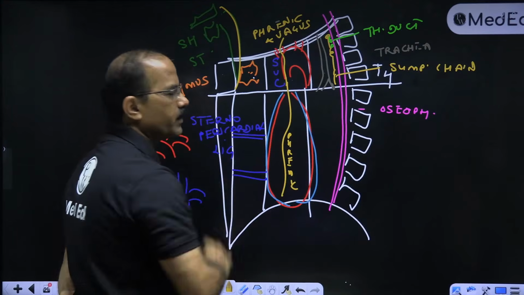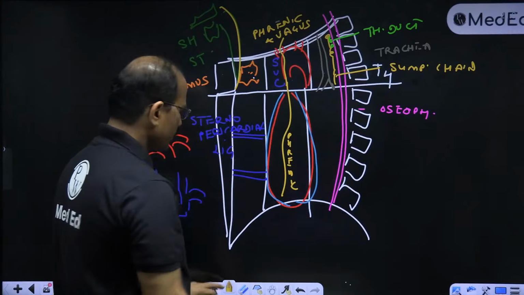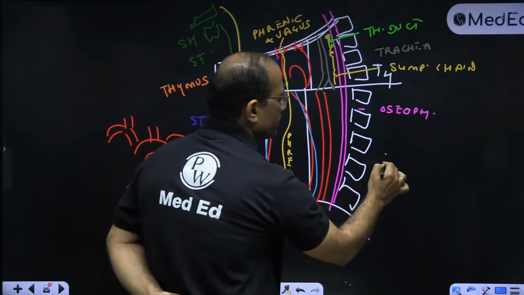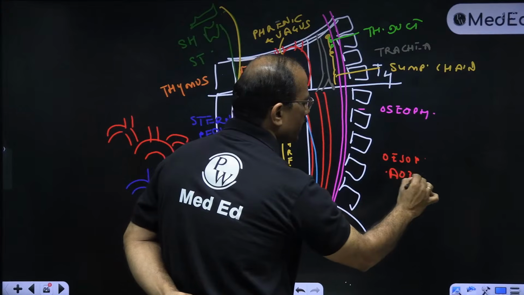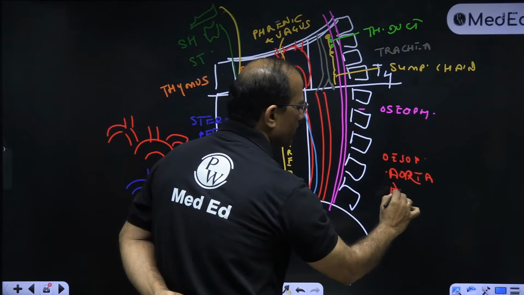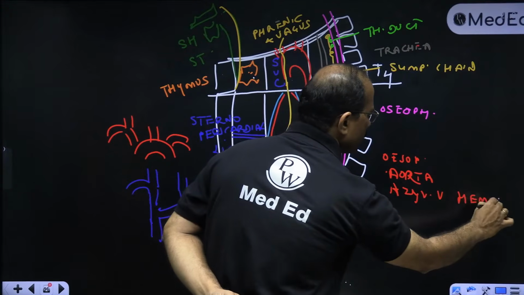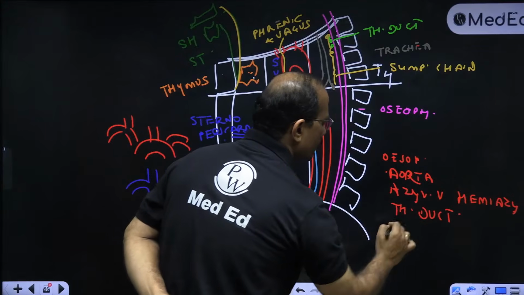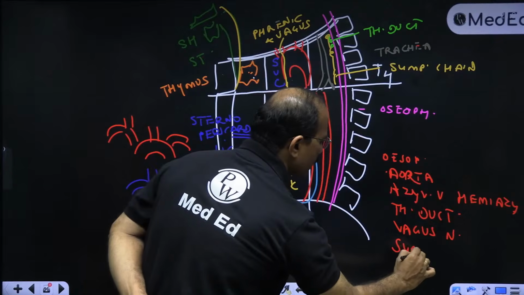Now what comes behind? The esophagus, and here comes the descending thoracic aorta. Then the azygos vein, hemiazygos vein, thoracic duct, vagus nerve and the sympathetic chain.